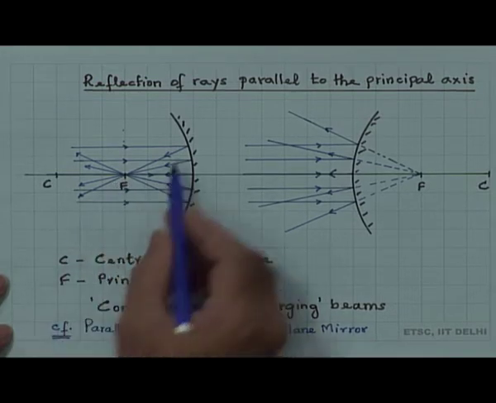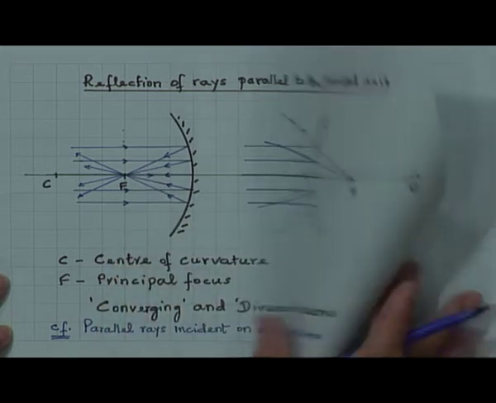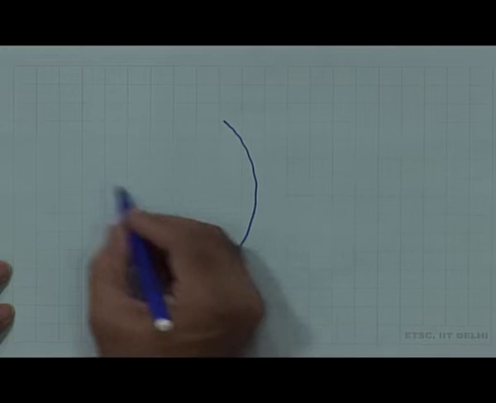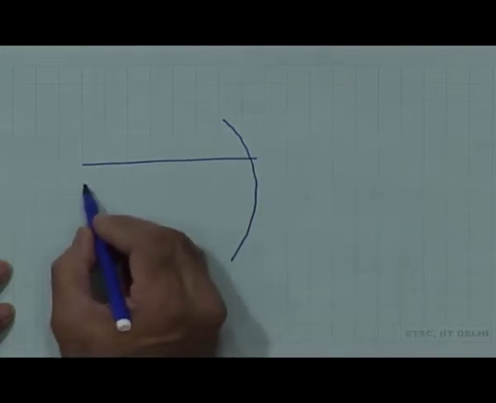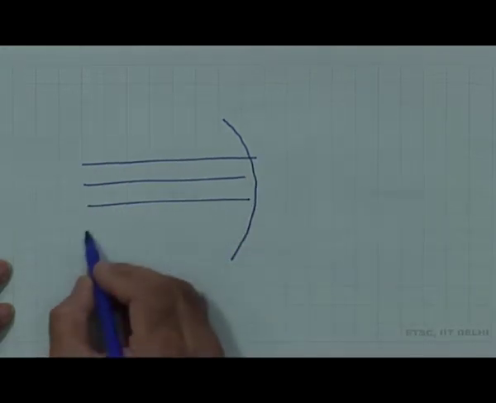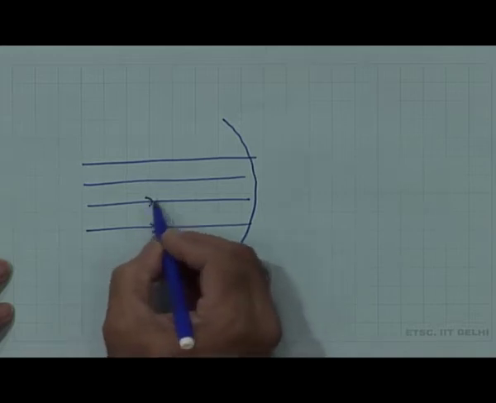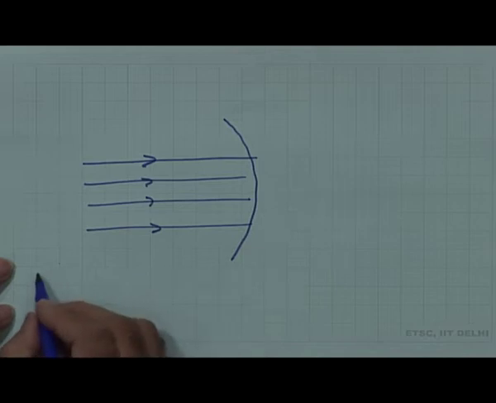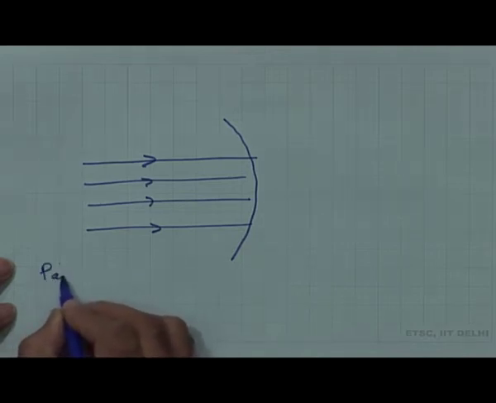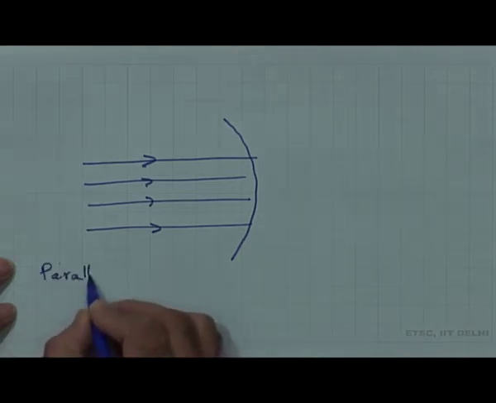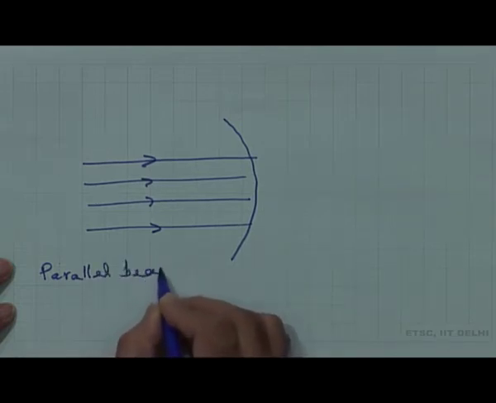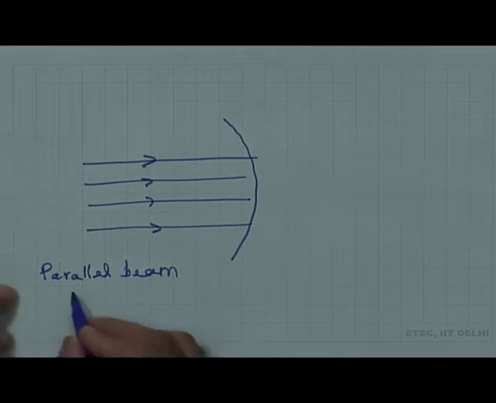So, this shows a converging beam. Please recall that a beam is a bunch of rays. We represented in the last lecture that a beam is a bunch of rays. A parallel beam, also called a collimated beam, is distinguished from a diverging beam.